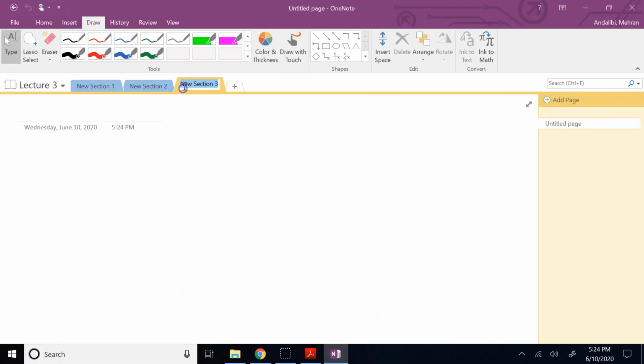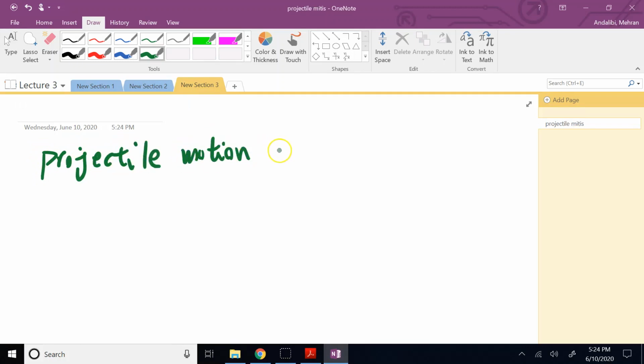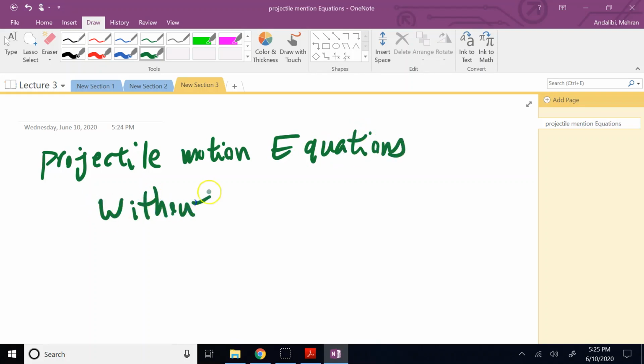So in this case, projectile motion equations without the air effects.